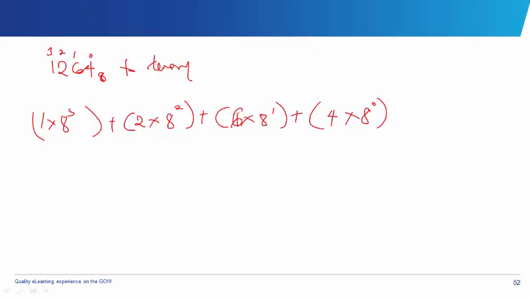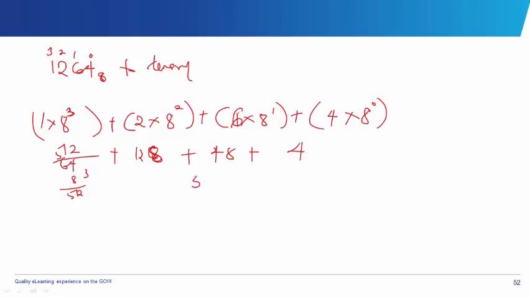So 8 raised to the power 3 will give us 64 times 8, which is 512. Then plus 64 times 2 will give us 128. Then plus 48, and anything raised to the power 0 is 1, plus 4.